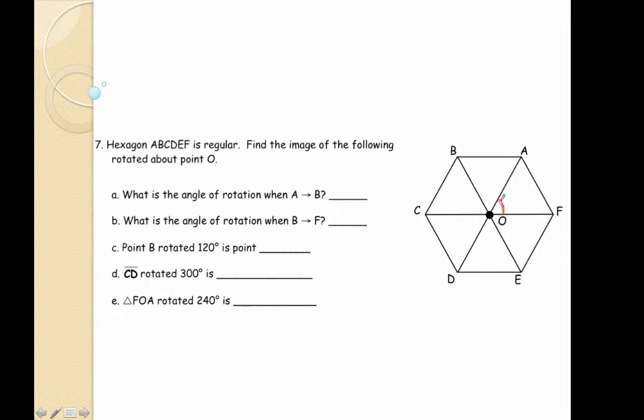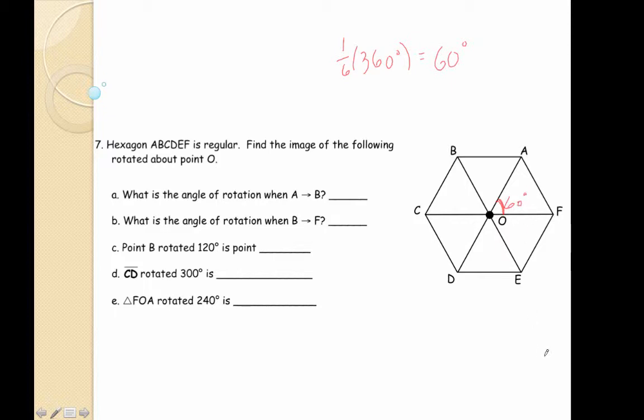So each of these is going to be 1/6 of the 360 degrees. So each one's going to be 60 degrees, and hexa always means 6. So these are 6. Regular means they're all equal. All the sides are equal, all the angles are equal. So these are each 60 degrees.